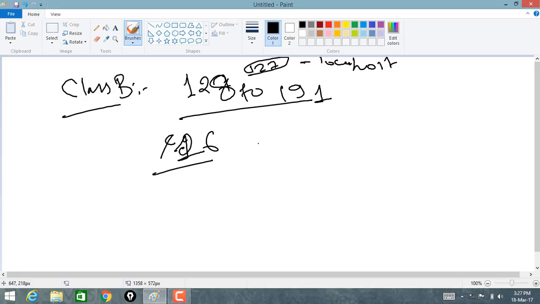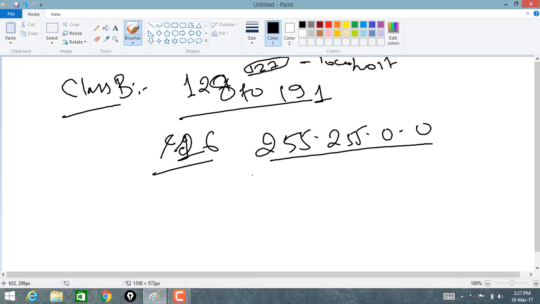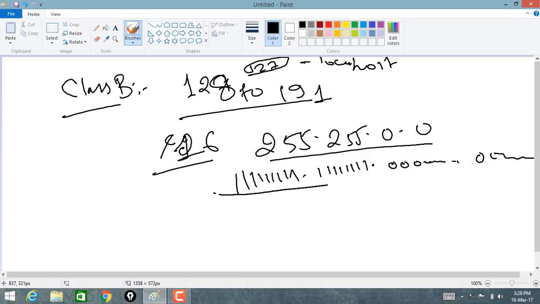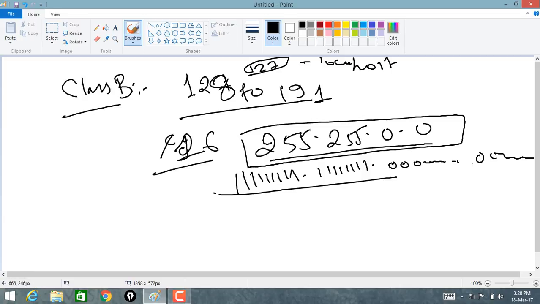This means 16 bits are on, and the default subnet mask will be 255.255.0.0. When we write this decimal value in binary, it will be 1 2 3 4 5 6 7 8, 1 2 3 4 5 6 7 8, then 0 0 0 0 0 0 0 0. So this is the default subnet mask of class B.